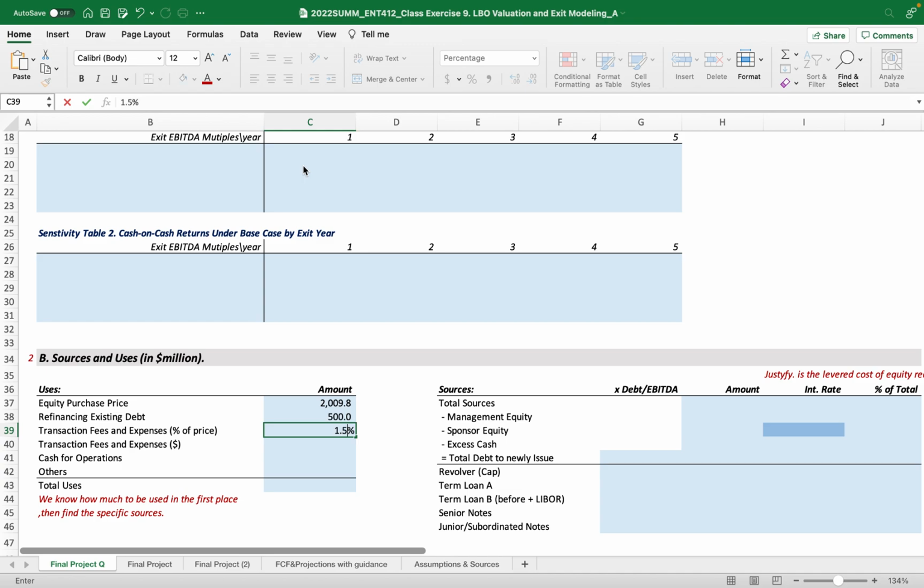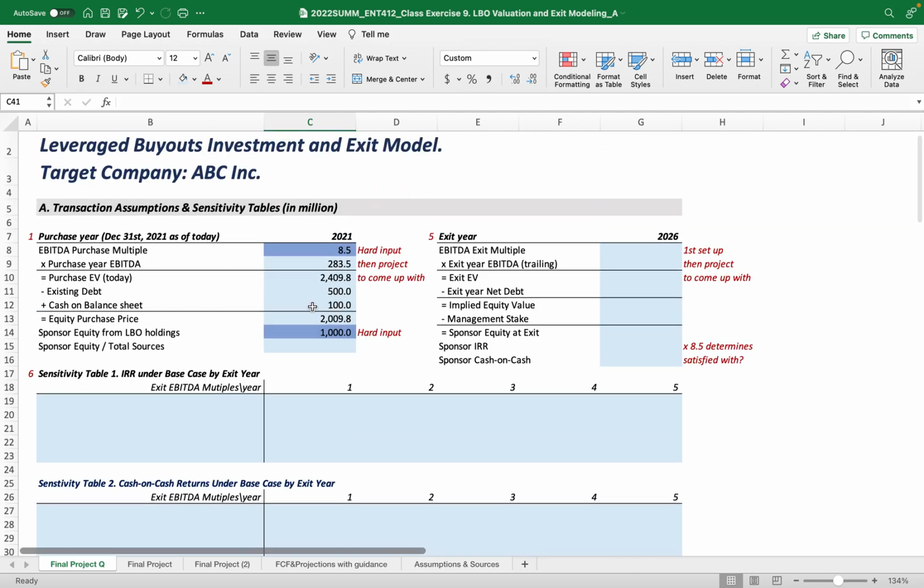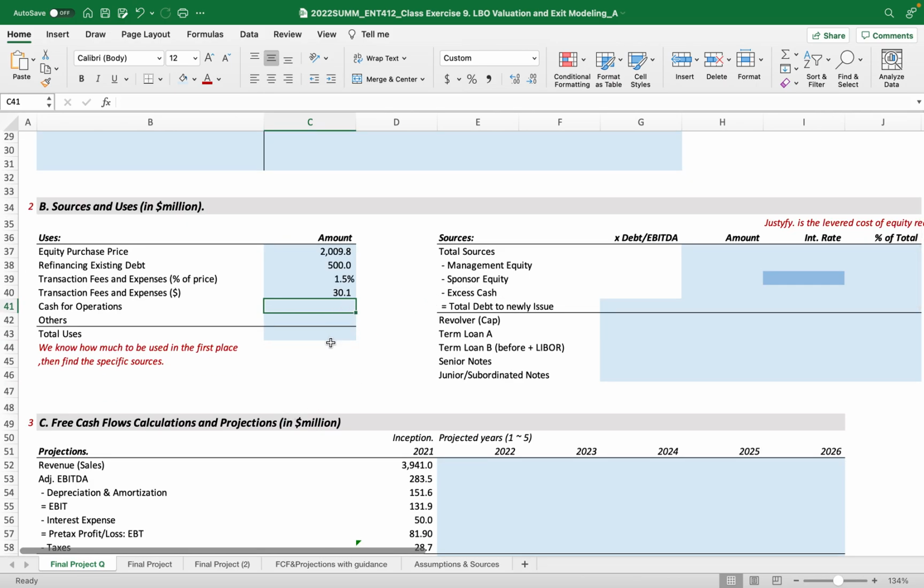So let's say it's just 1.5%, and then we can calculate here. The $30 million is transaction fees and expenses, a huge amount of fees, by the way. Then let's assume cash for operations is the minimum cash amount, but we already have 100 in cash on the balance sheet, so we don't have to consider this. The company has the ability to generate the minimum cash amount year by year, but it's not indicated here on the balance sheet, so let's just skip this too.